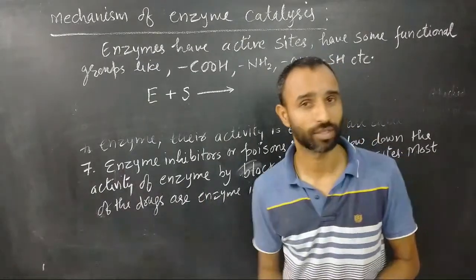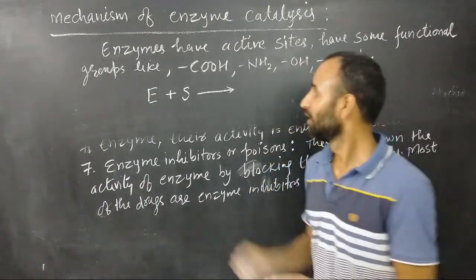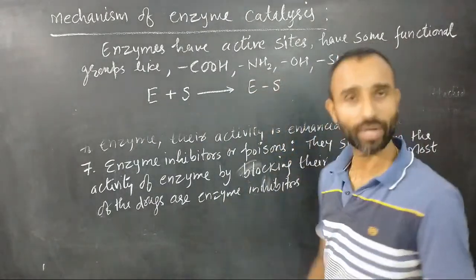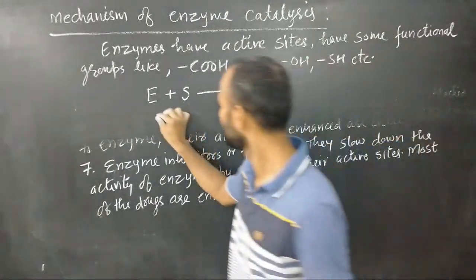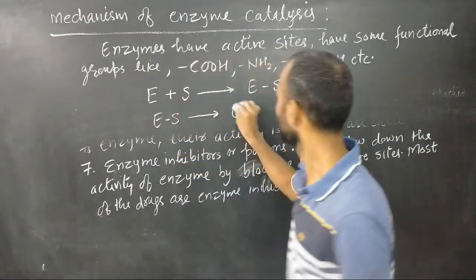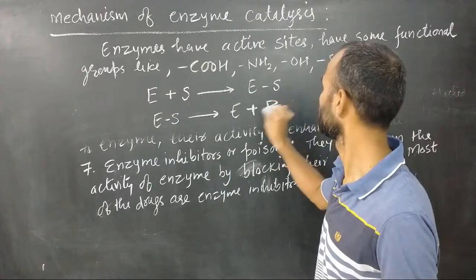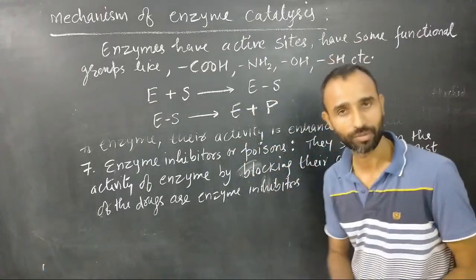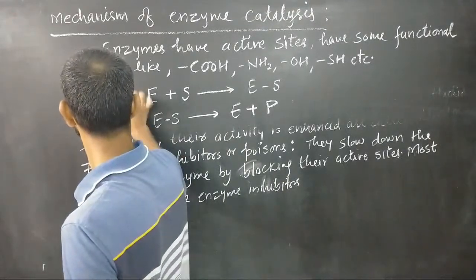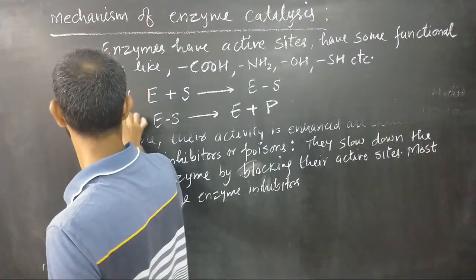Other key cannot. Okay. So enzyme and substrate form enzyme substrate complex, and then enzyme substrate complex breaks to give back enzyme and we get the product. This is step 1 and this is step 2.